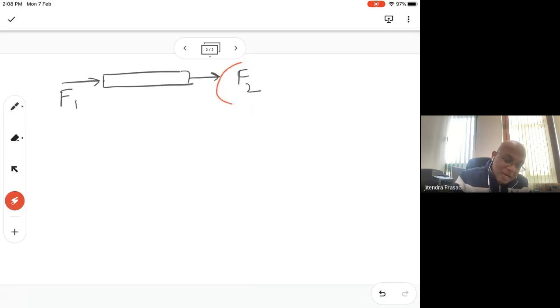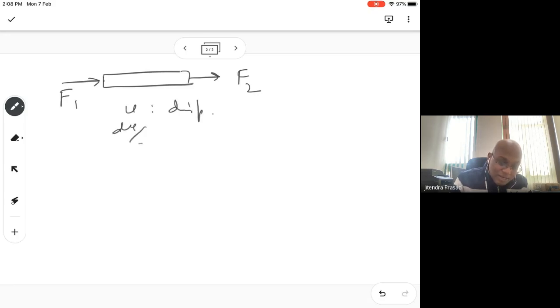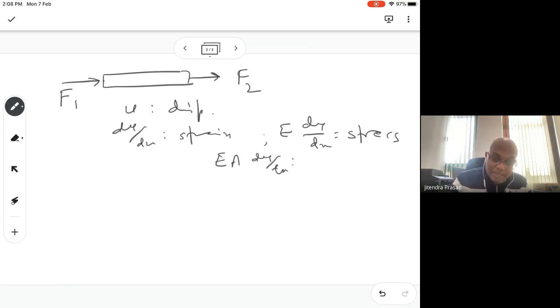Remember, U is displacement. Then you have du over dx, which is strain, right? Then you have E times du over dx, that will be stress. And then you have EA du over dx equal to force.